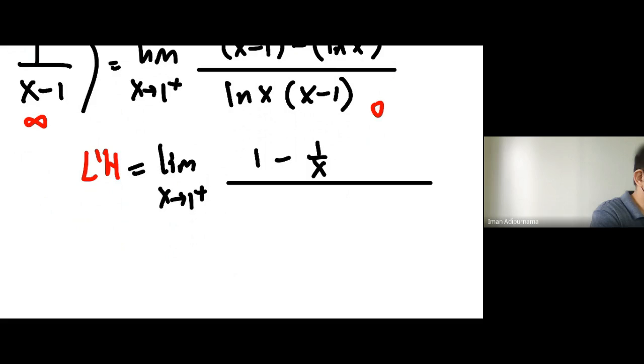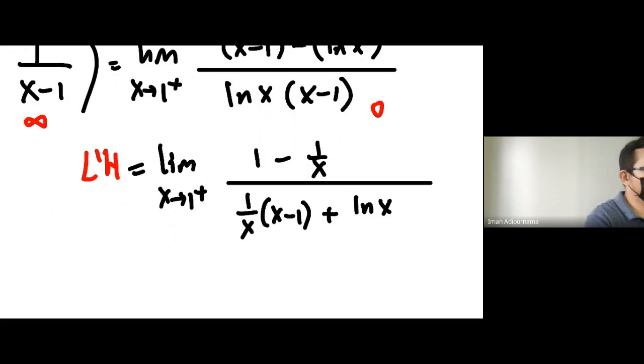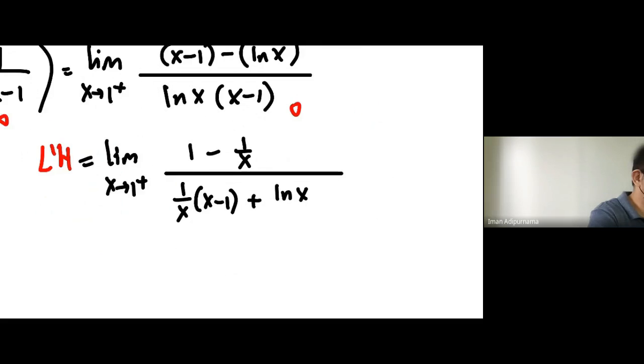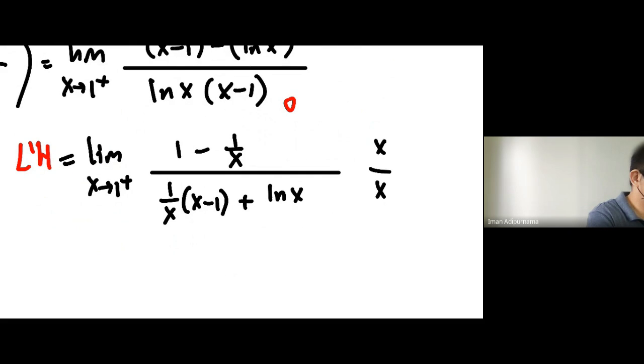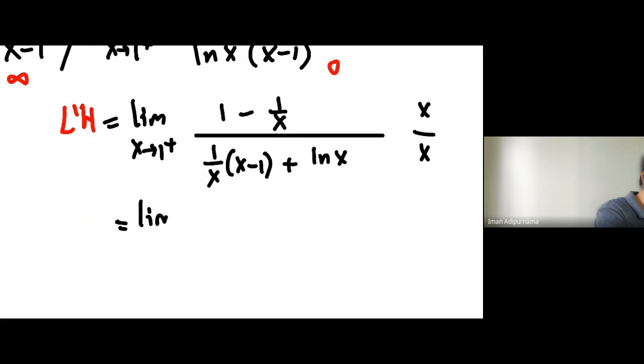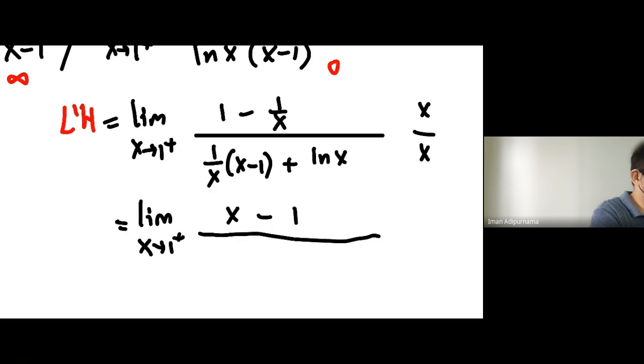So we will have 1 over x minus 1 plus ln x, and then 1. If we multiply by x over x, this will be x minus 1 divided by x minus 1 plus x ln x.